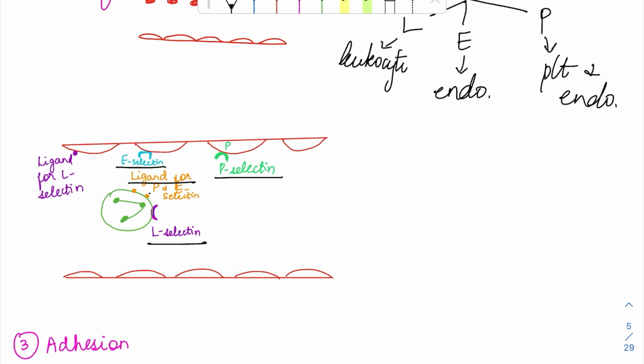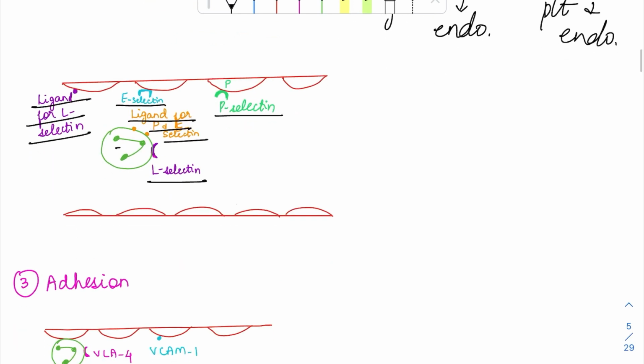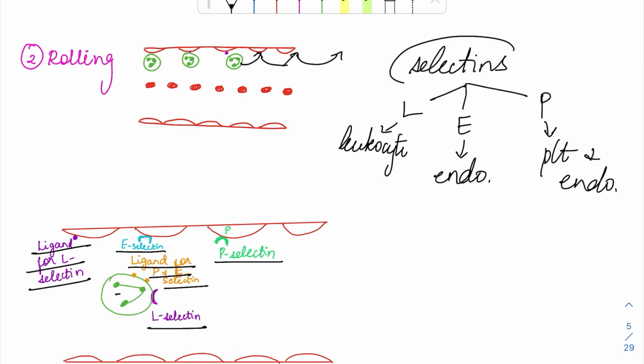So the ligand for P-selectin and L-selectin will be present on the WBCs, while the ligand for L-selectin, which has to attach to the WBC, will be present on the endothelium. Right. So when there is this attachment, it is going to be a weak affinity. So the cells will start rolling. They attach, they'll detach, leading to rolling. So remember, selectins are the ones which are going to mediate rolling.